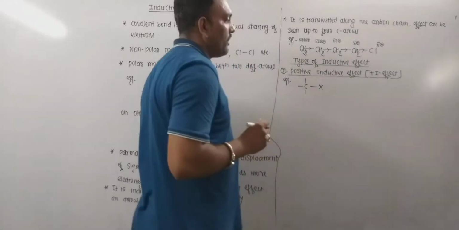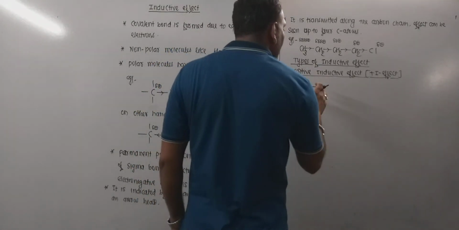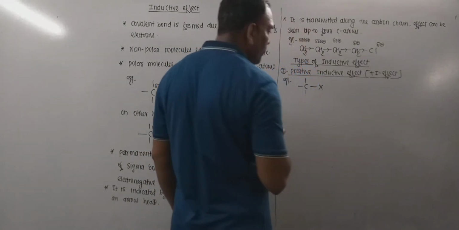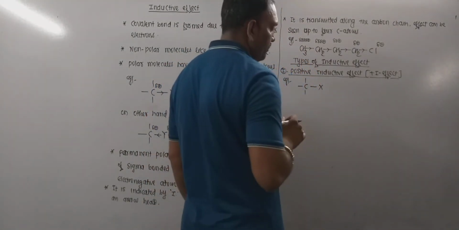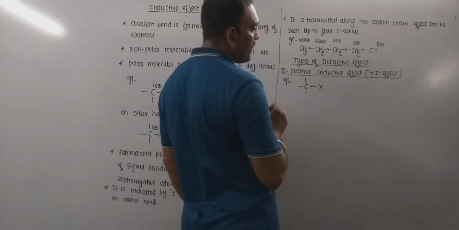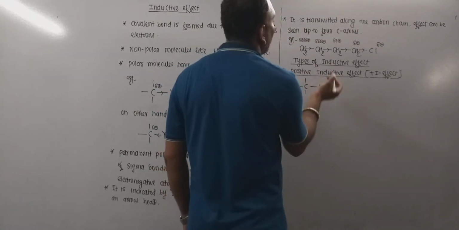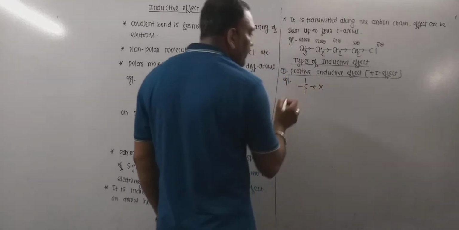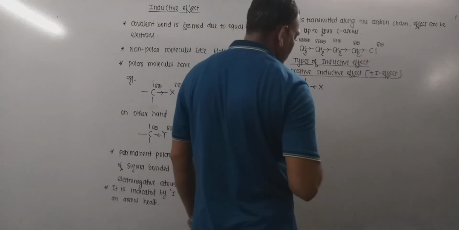Now we consider that this group, I mean X, is less electronegative than carbon. If X is less electronegative than carbon, I mean carbon is more electronegative than X, then this shared pair ultimately gets attracted towards what? Carbon.